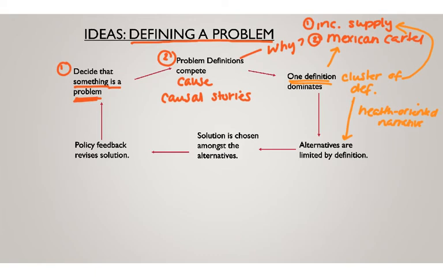So if Congress accepts the causal theory that it is increased supply due to an increase in the number of prescription opioids, as well as lack of access to treatment, then the types of policy alternatives available to solve those two problems are limited to health-oriented type of alternatives.